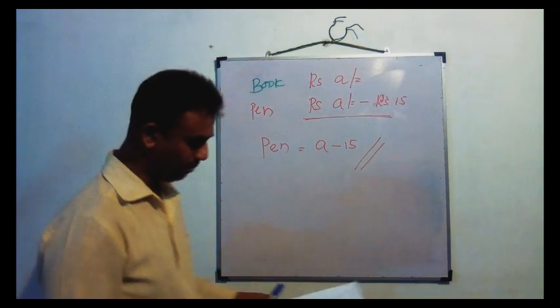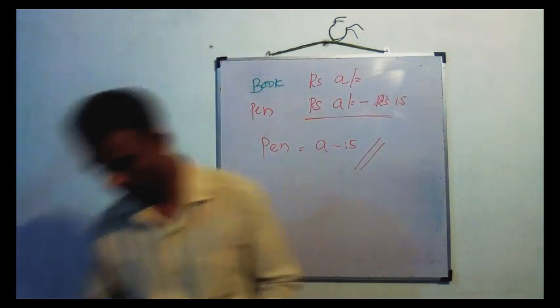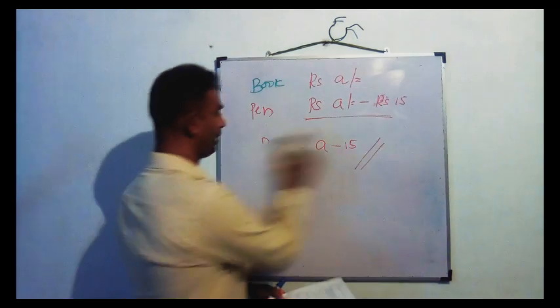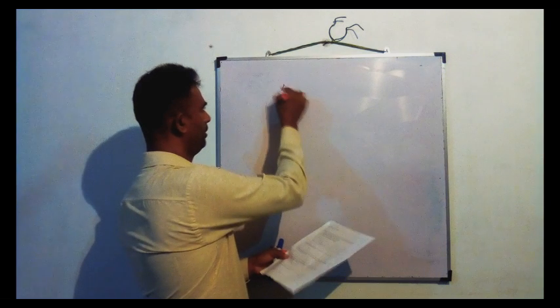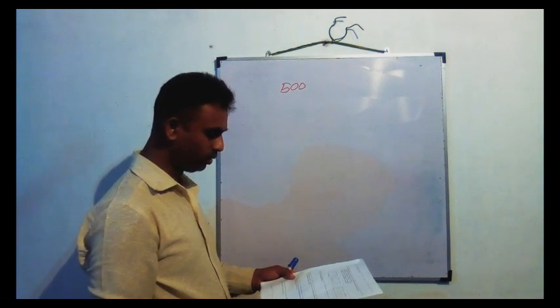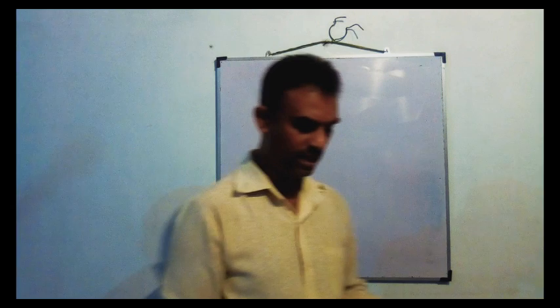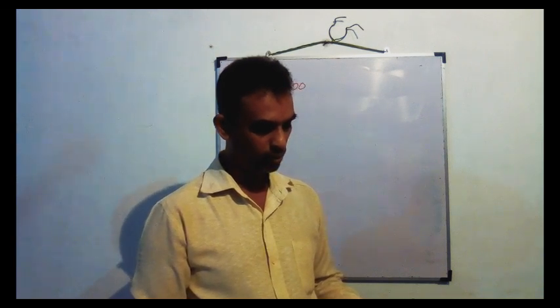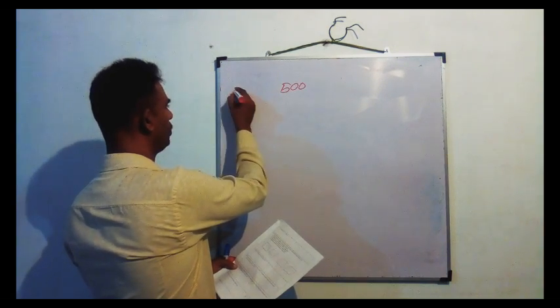Next one, father gave rupees 500 to Kumara. Find the remaining amount of money he has when he bought a book costing rupees 130 and a pencil box costing rupees 175. 500 rupees received from the father.